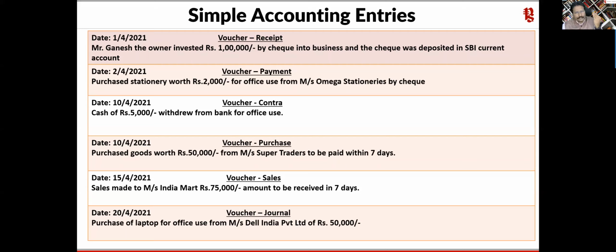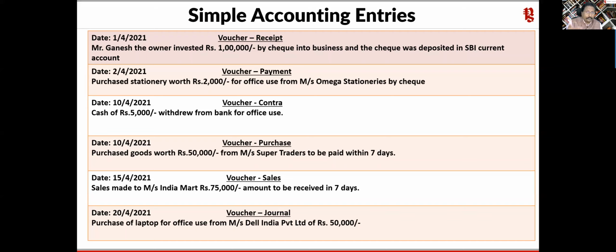And for all other purchases, for example, in the second example, we purchased stationery of 2000 rupees from Omega Stationeries, and it is very clear that in this transaction I had already issued a check. So we directly went into the payment voucher, debited my expenses and credited my bank account. Let's assume that you are now buying this material on credit from Omega Stationery. This is not going to be purchase, and you can't make this a payment entry because payment is not made.